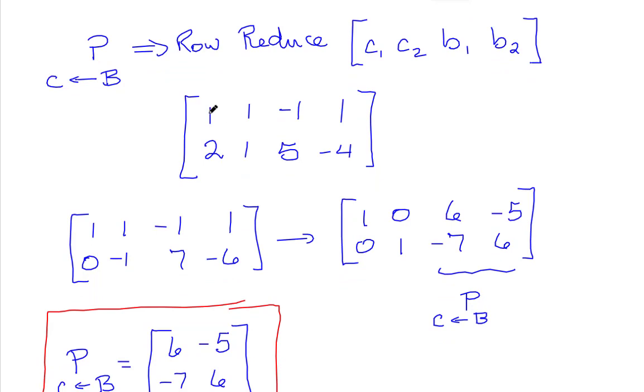So we do that using row operations. Use the 1 to make a 0. Divide through this row by minus 1. Use this one to make a 0 above it, giving us our transformation matrix going from the B basis to the C basis.